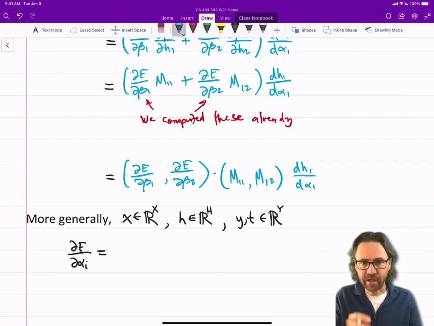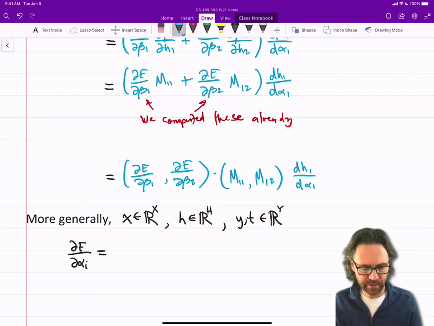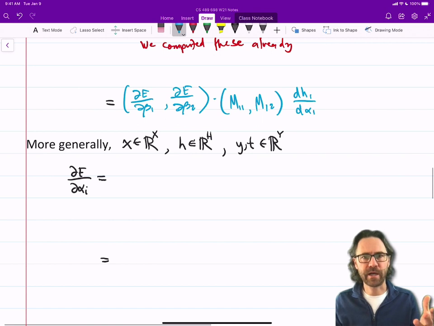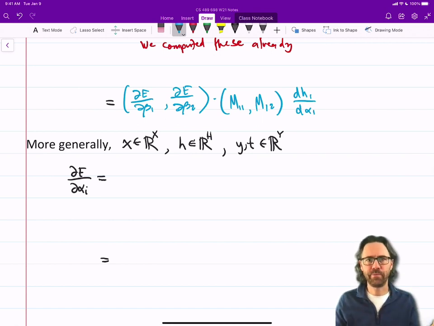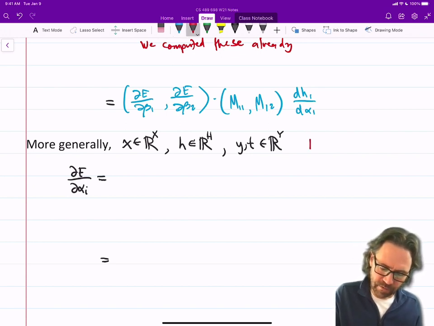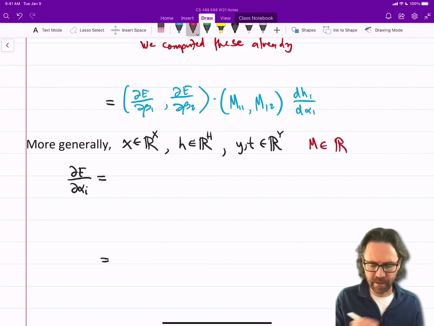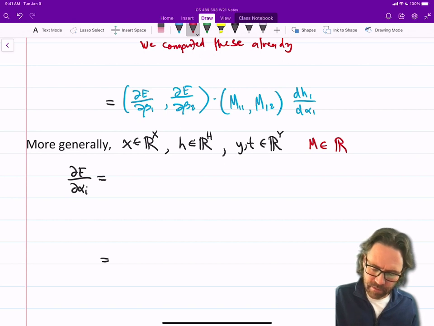More generally, and not just that little network that has 3 inputs, 4 hidden, and 2 output, but let's go back to this having capital X inputs, capital H hidden nodes, capital Y outputs. So in this case, keep in mind that M is mapping from the hidden to the output.